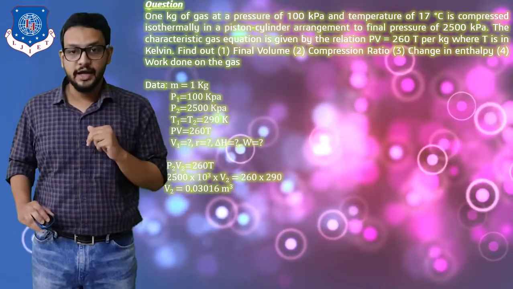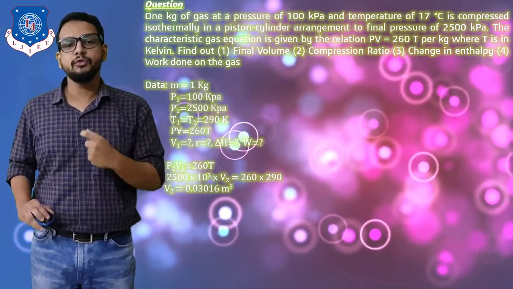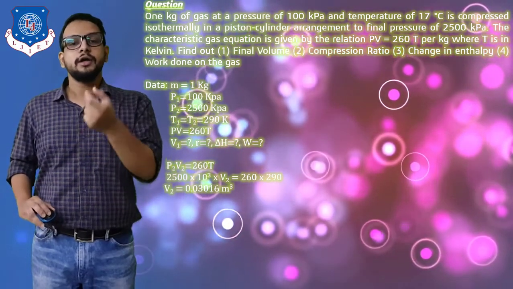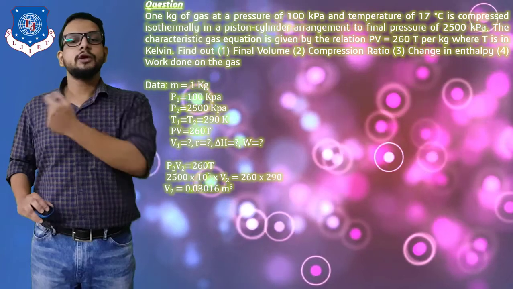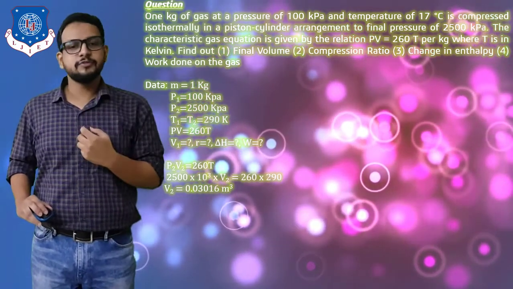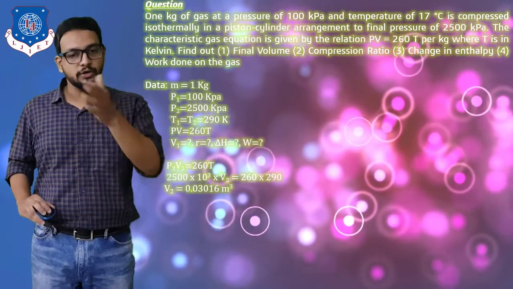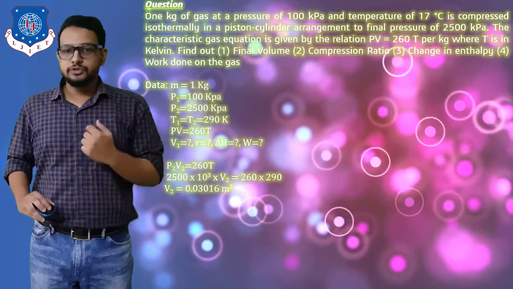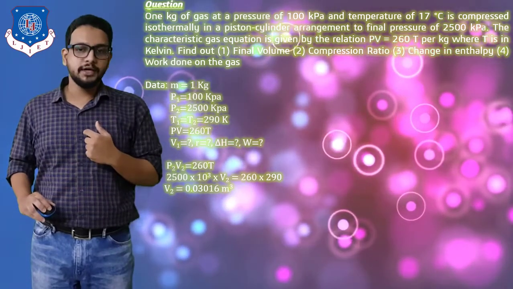So I have written 2500 into 10 raised to 3, remember, that is kilo, into V2 = 260 into 290, that is temperature. Finally it is very simple, we can determine V2 = 0.03016 meter cube. So our first task has been completed.